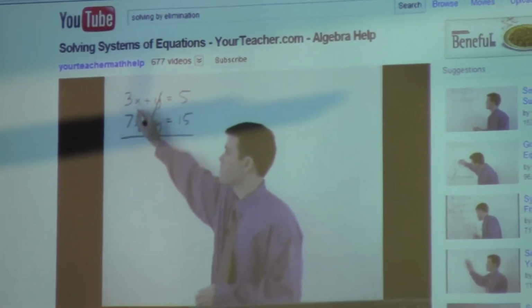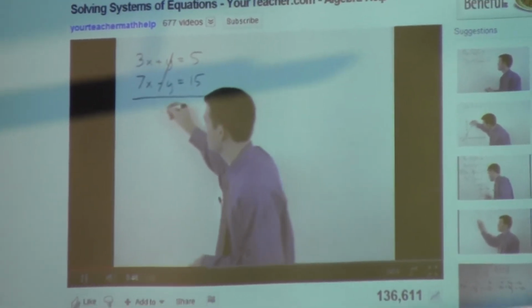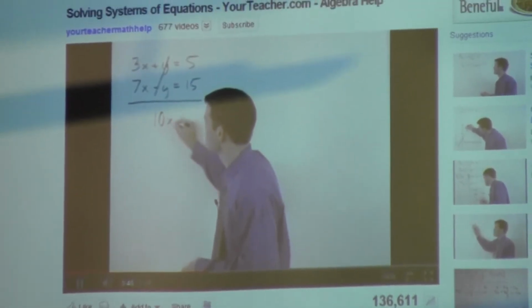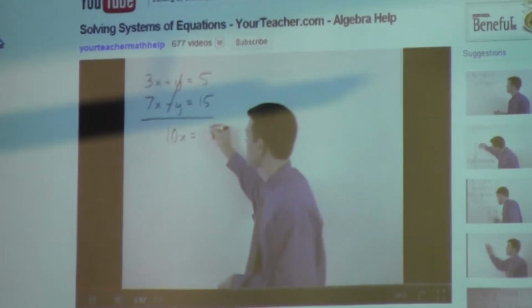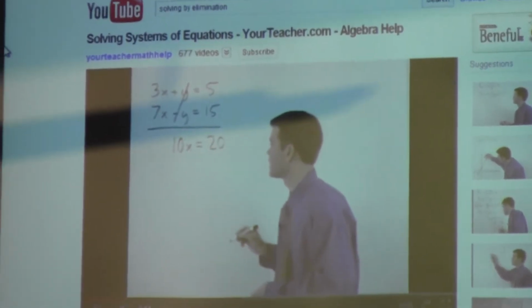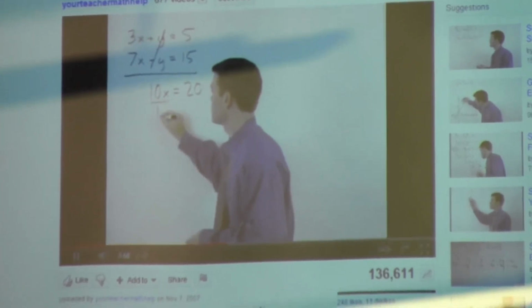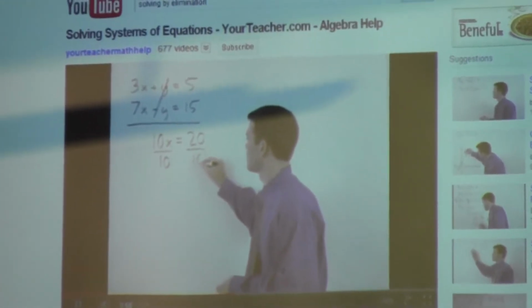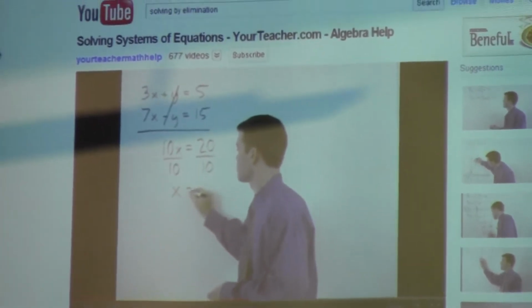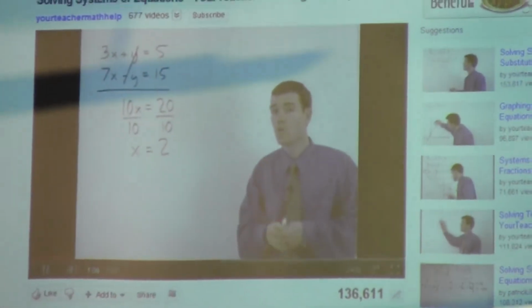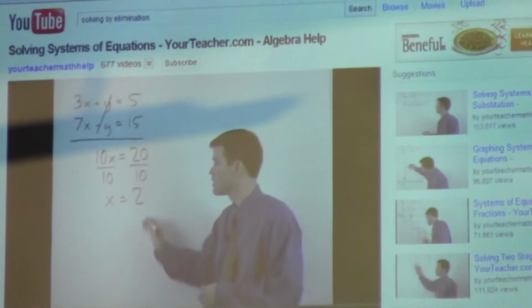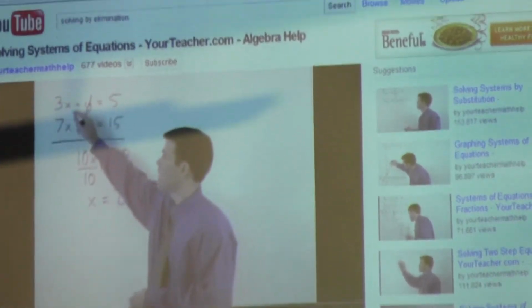On the left, 3x plus 7x is 10x. And on the right, 5 plus 15 is 20. Dividing both sides by 10, I know, but it's kind of funny. equals 2. And another example. To find y, simply plug a 2 back in for x.